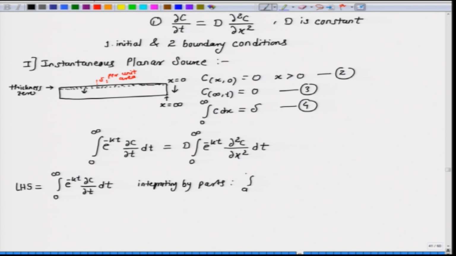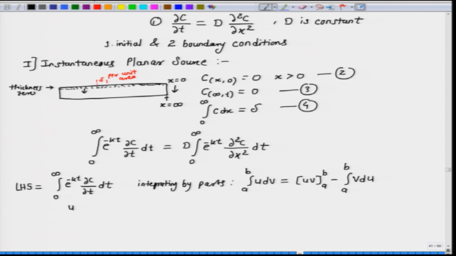Integral a to b u dv is equal to u v within the limit a to b minus integral a to b v du. So, we have to select u and dv appropriately from this integral.